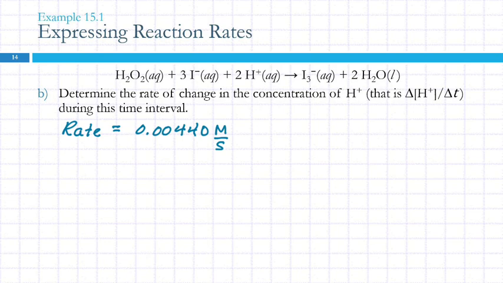What this is asking, though, is what's the rate of change in the H+. And they're trying to help us out here. What we're trying to find is delta [H+] over delta t, which looks like two different things, right? But together, it's the rate of change of the hydrogen ion. What messes with us here is that this looks like one thing and that looks like one thing, and we're used to solving for one variable.